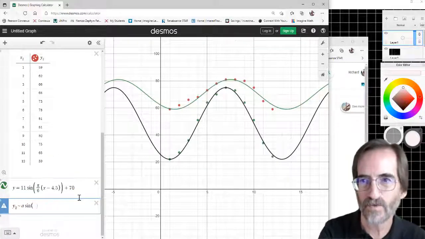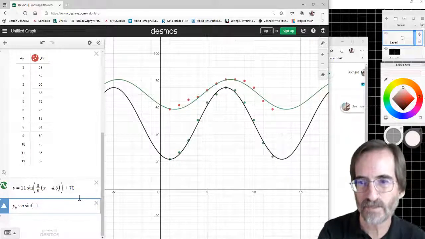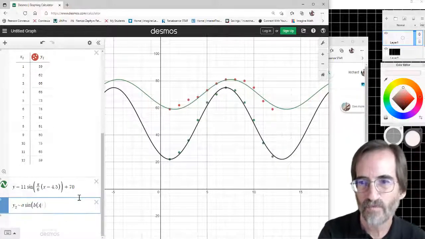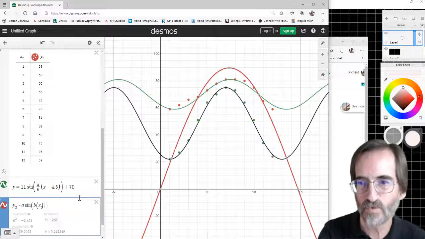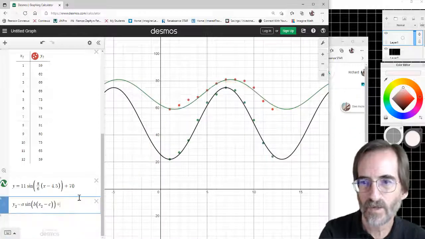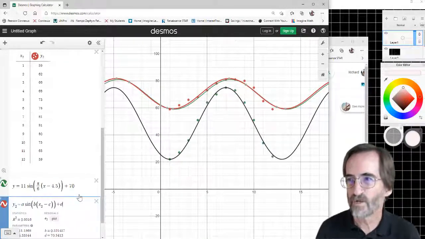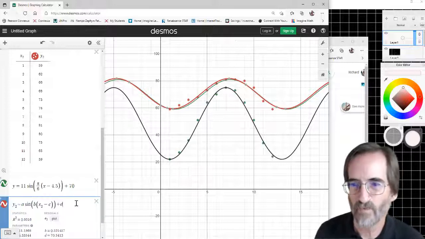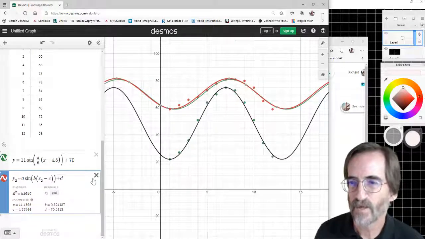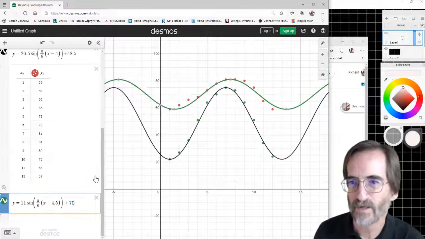Now, we could force it to be pi over 6 by putting pi over 6, but I'm going to do b x2 minus c plus d. Okay, and there we go. And that's a pretty close fit to what we came up with before. Okay, all right. So that's how you do automatic.